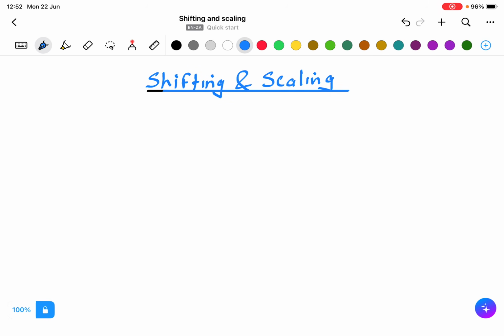In today's lecture, we are going to learn about shifting and scaling in continuous time signals and discrete time signals. So suppose a signal x(t) is given to you, or in the discrete time domain we can say x(n) is given to you. So I'll do it parallelly.